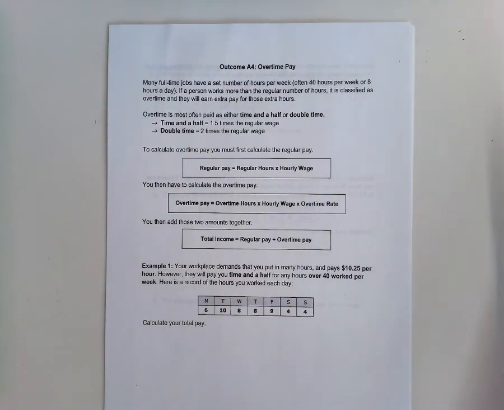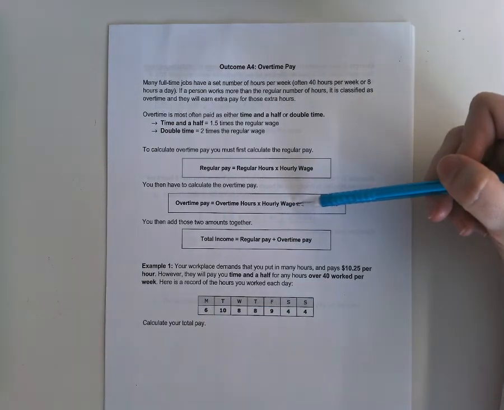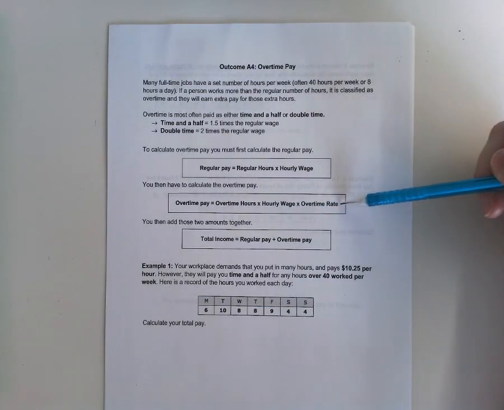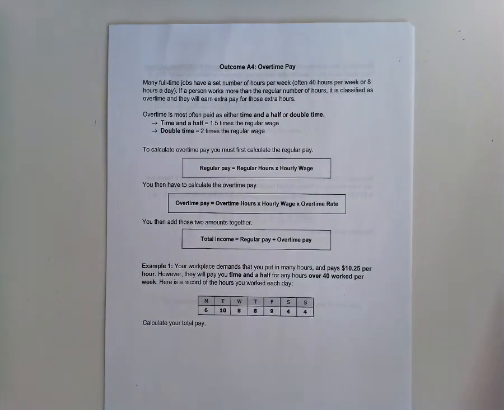With your overtime pay, you have your overtime hours multiplied by your wage, then multiplied by your overtime rate, which is generally either 1.5 or 2, time and a half or double time. Then you would add those two together. So it takes a couple of steps to calculate your total income when overtime pay is involved.